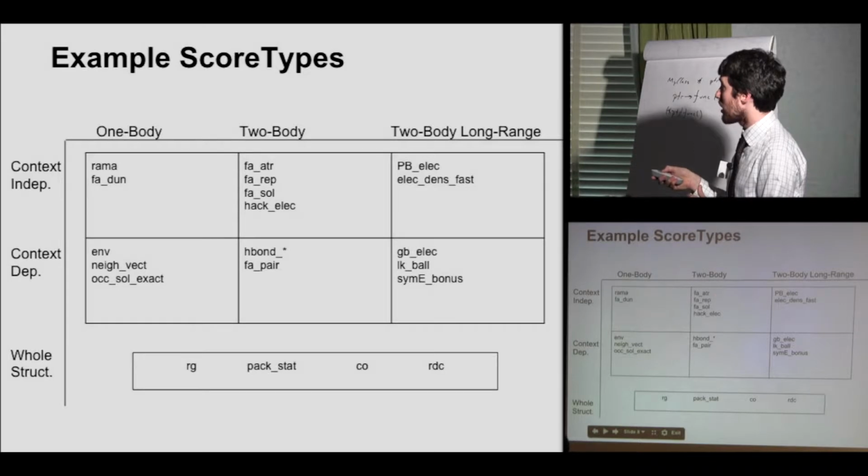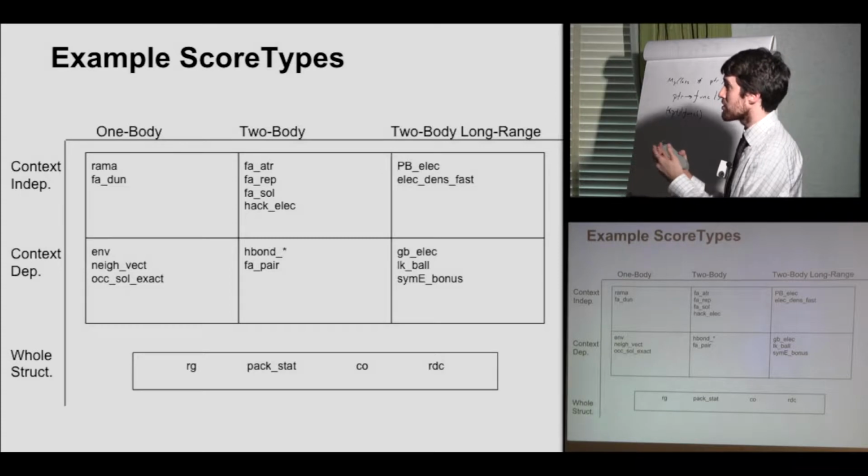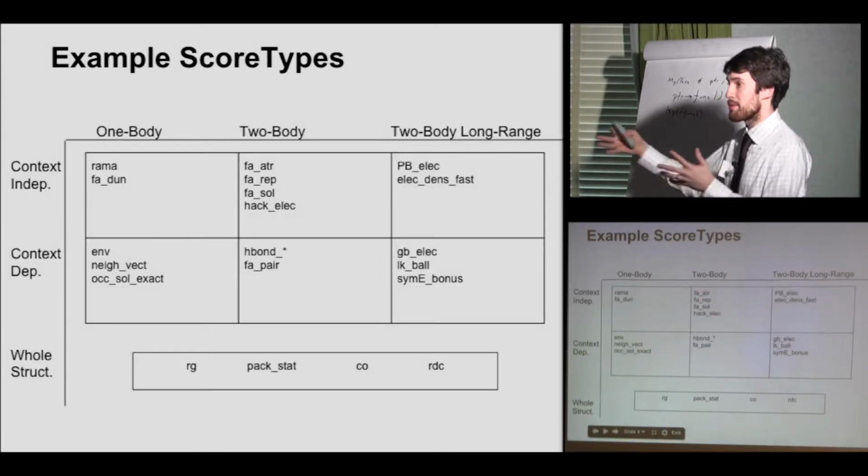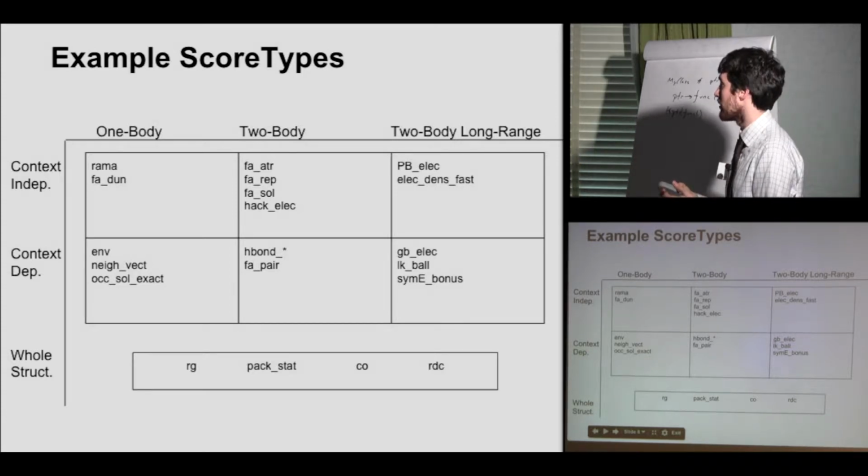Two-body terms are like fa_atr, fa_rep, fa_sol, and say the hydrogen bond terms, where if you know the conformation of two residues, then you can evaluate a particular instance of this score term, and then you would sum up over all pairs that are within some distance of each other in the structure.